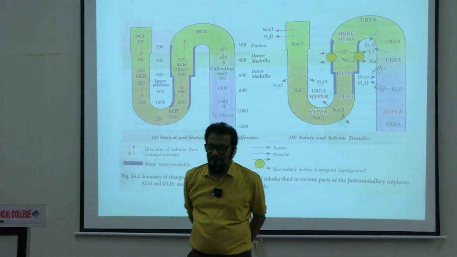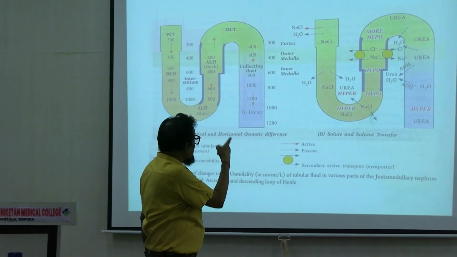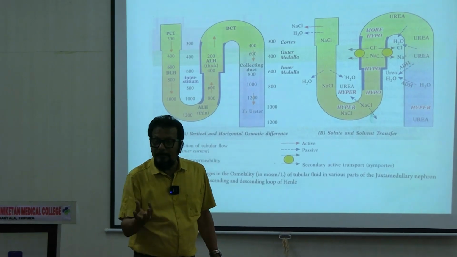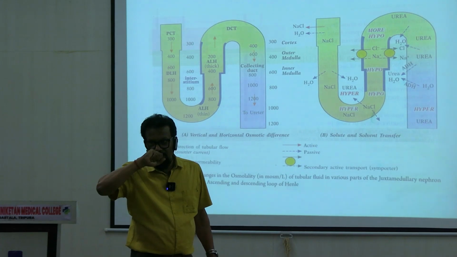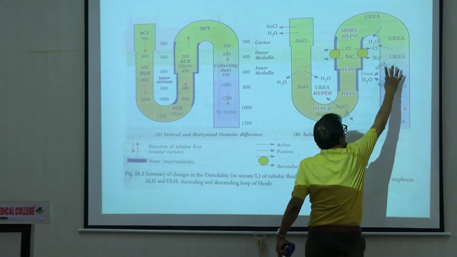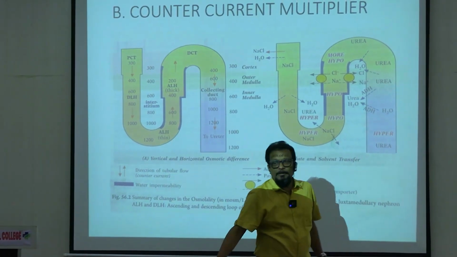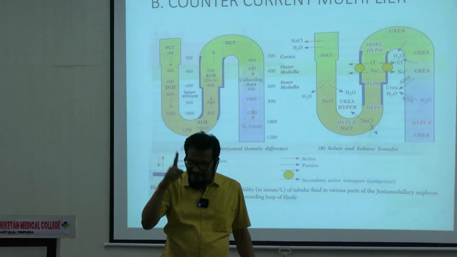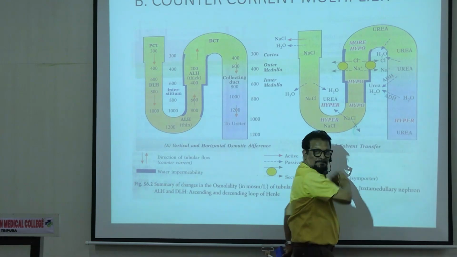Now, if a lot of water comes out of the filtrate in the collecting tubule, what will happen to the urea concentration? Here some urea is there, and I am taking out the water. So will the urea concentration be rising or falling? Rising. But in the interstitium its concentration is less.